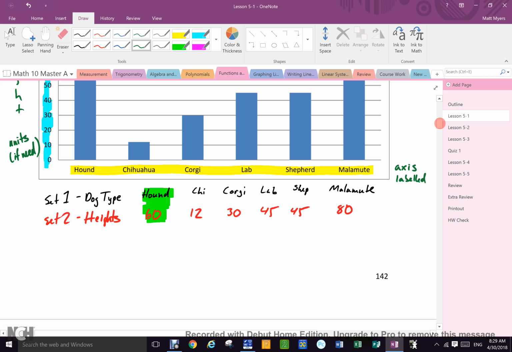But because you do not know of which dog I speak, we can only call it a relation. Do you understand? Because when I say lab and shepherd, both of them could be 45. That means this is only a relation. Everybody cool with that?